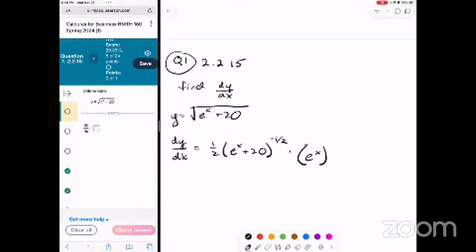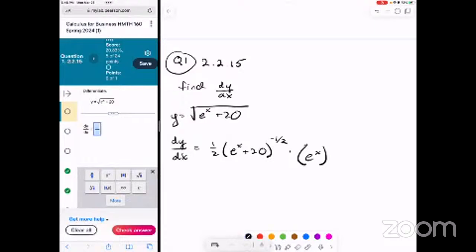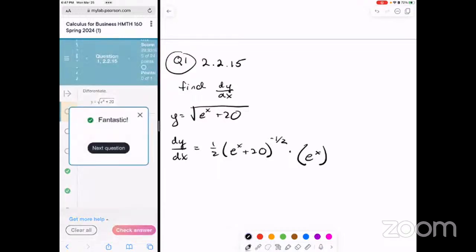All right, so on top we got e to the power of x. On bottom we have 2 times the square root of e to the power of x plus 20. Okay. Right. This is fine. I can see it.